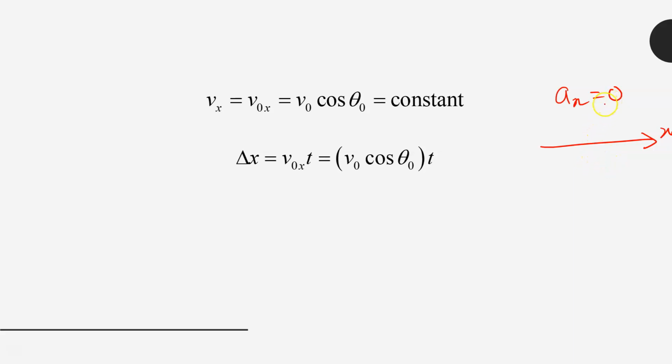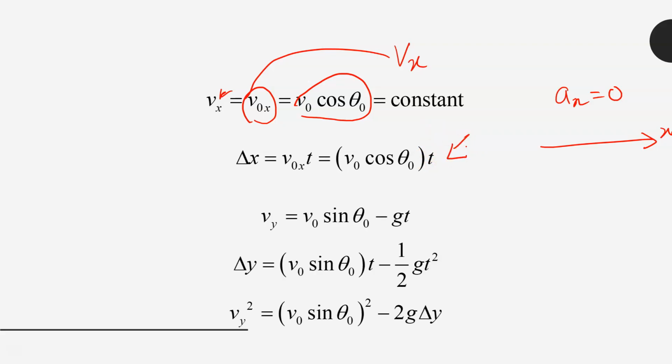Now if the initial value of the velocity component in the x direction is v naught x equal to v naught cos theta naught, then this is also the value of vx here. So the horizontal displacement can be written as this one.